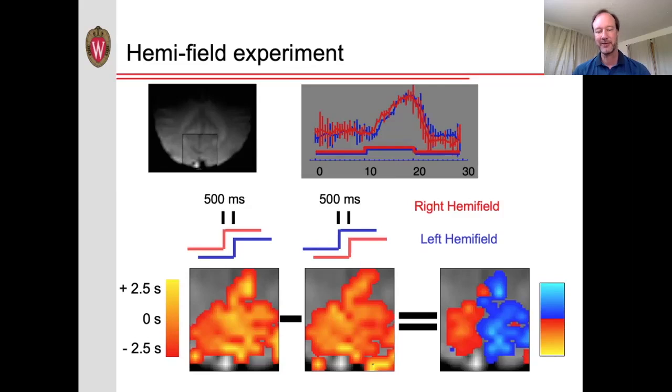So the trick here is, instead of relying on the absolute latencies of the fMRI response, we're looking at the relative latencies. That is, we're looking at how the latency changed when we changed our stimulus. Or in other words, we've subtracted out the hemodynamic latencies in doing the subtraction, and what we're left with is the changes that are due to the modulation of the task, the differences in neuronal activity.